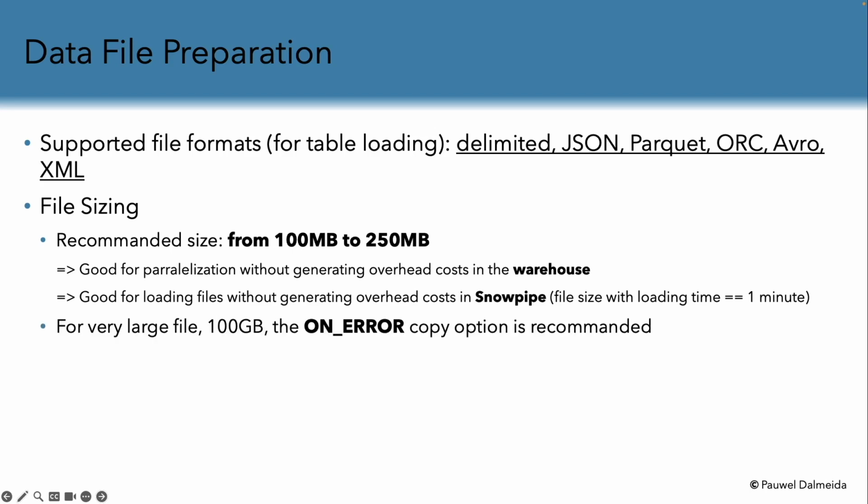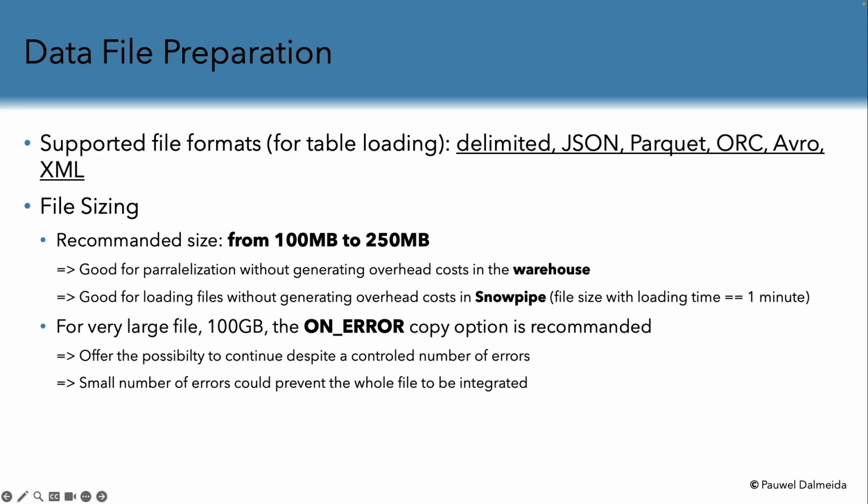Also, for a very large file like 100 gigabytes, the on-error copy option is highly recommended because it offers the possibility to continue despite a controlled number of errors that you have to specify with the on-error copy option. It is highly recommended because a small number of errors could prevent the whole file from being integrated, and this could cause a waste of credits.